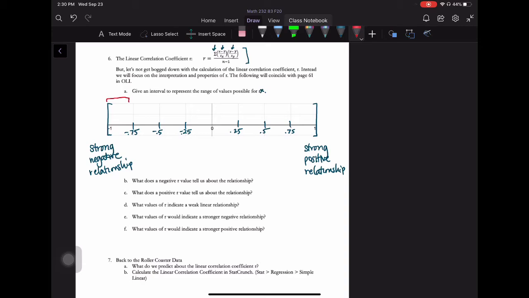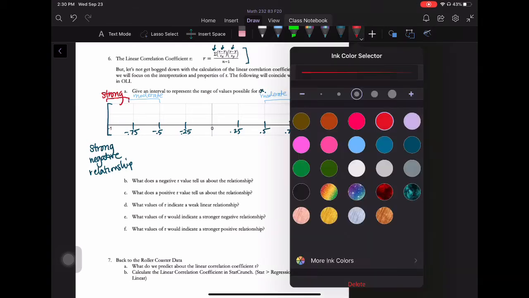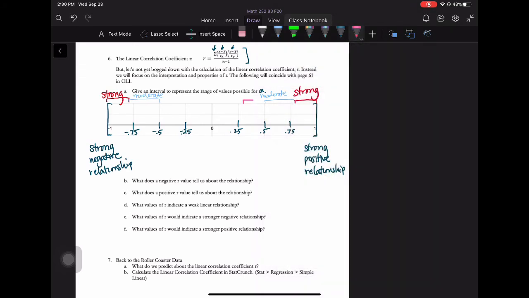This would be something we would consider strong. This would be moderate, from about -0.8 to -0.5 or 0.5 to 0.8. And then we would consider 0.3 to 0.5 weak. And anything in the middle between that would be really no relationship.